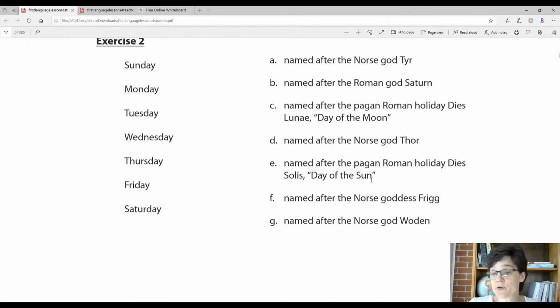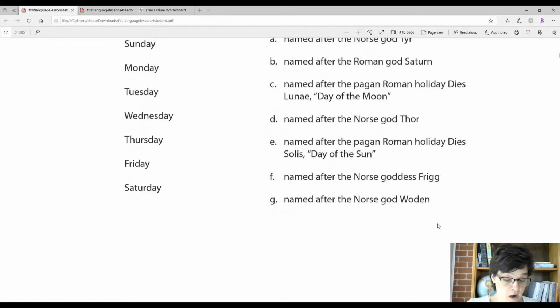E, named after the pagan Roman holiday Dies Solis, day of the sun. And F, named after the Norse goddess Frigg. I would hate to have that name. Hey Frigg, come here. And G, named after the Norse god Woden.